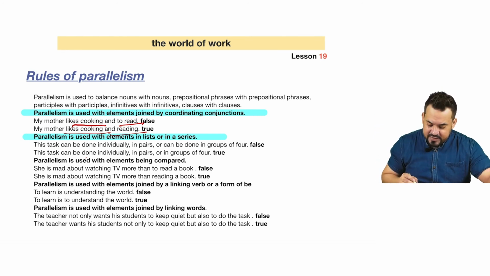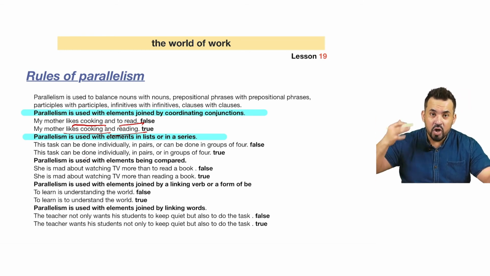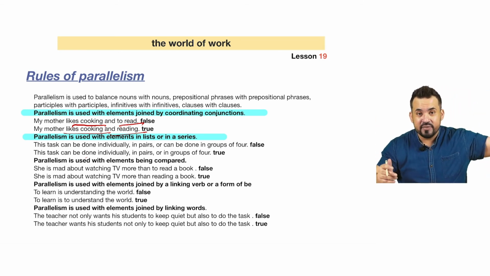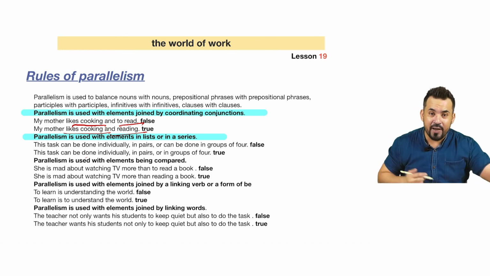And we can say this task can be done individually, it can be done in pairs, or it can be done in group of fours. Then it will be correct. But that will make the sentence too long, so we can just use can on the beginning of the sentence and then list all the items.